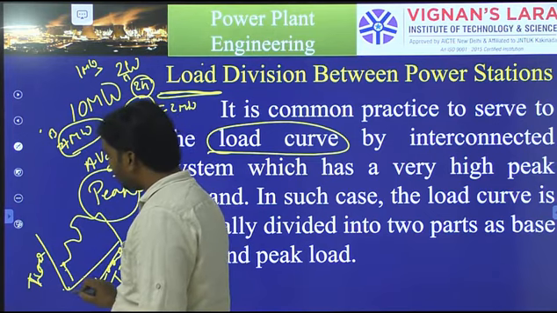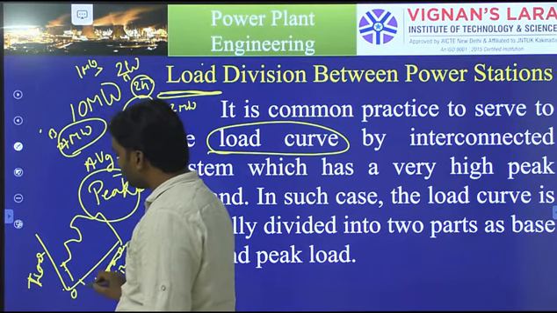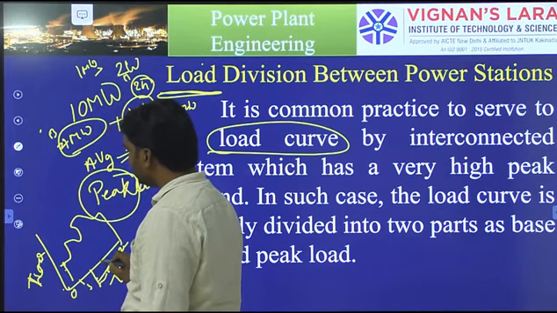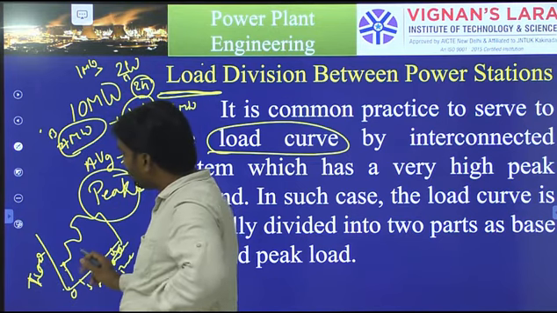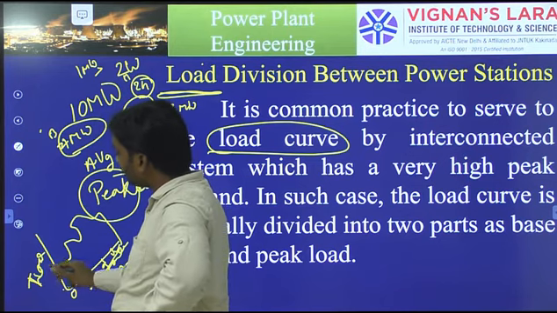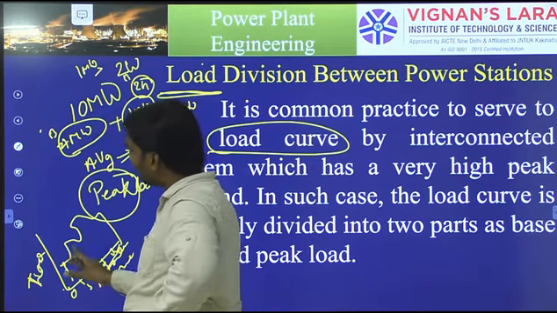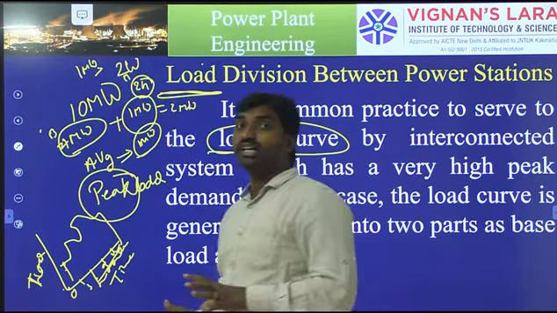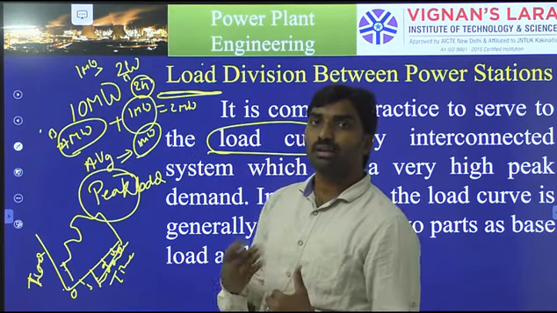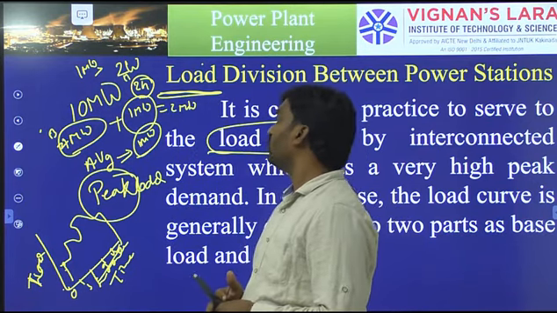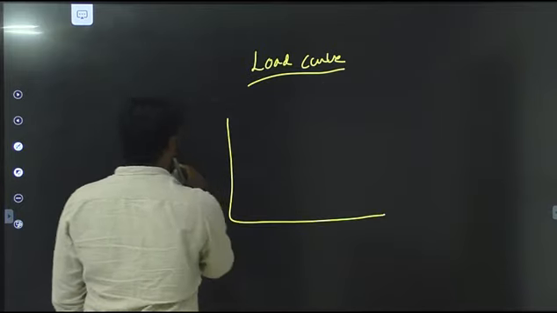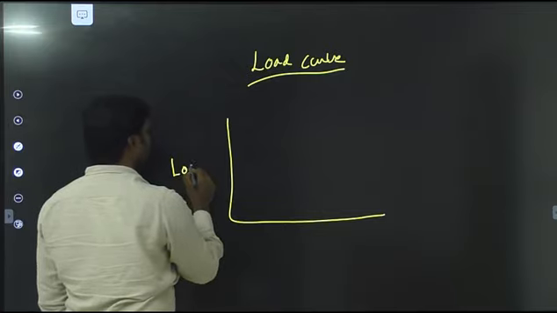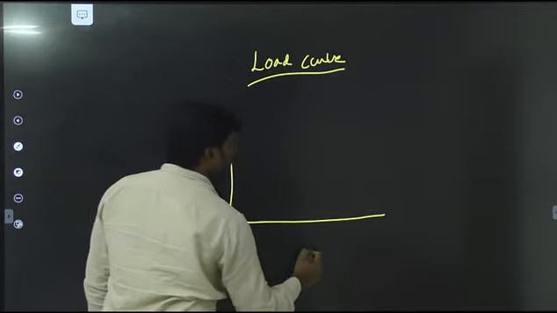This is morning 12 o'clock, 3, 6, 9, 12. So this is a day timing. At that time we require different loads at different times. So this curve is known as the load curve. The relation between load and the time required is known as the load curve. The curve represents the relation between load and timing.